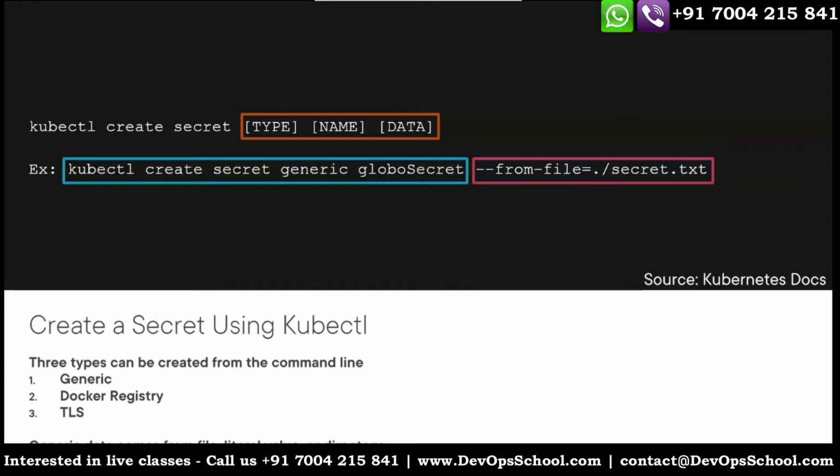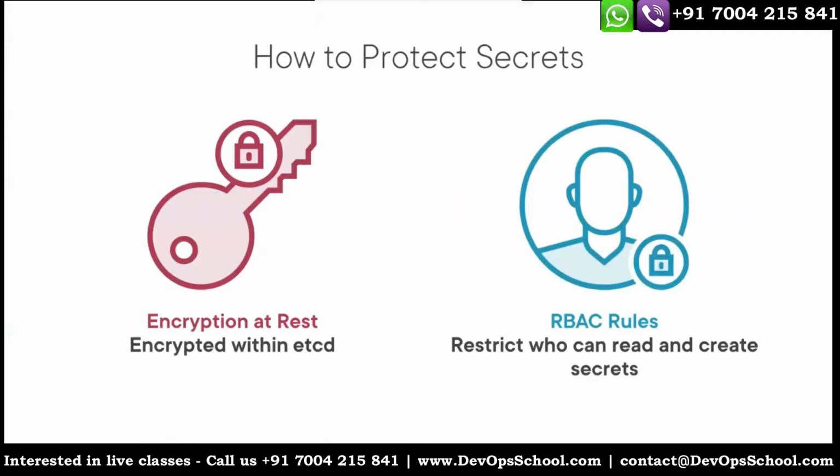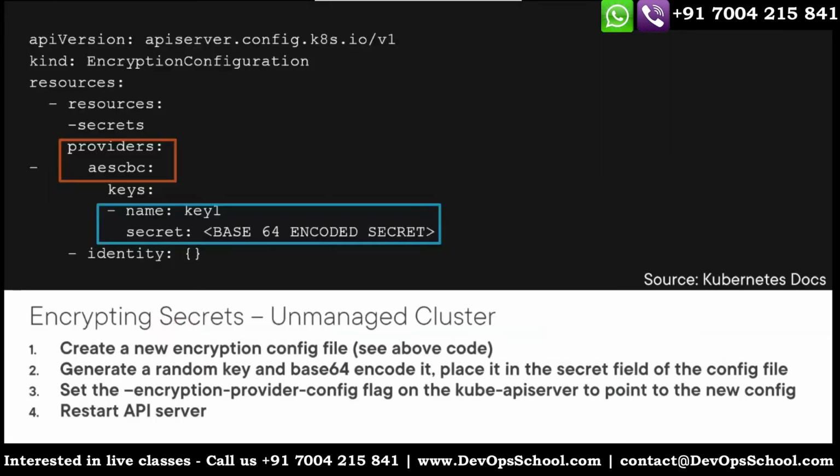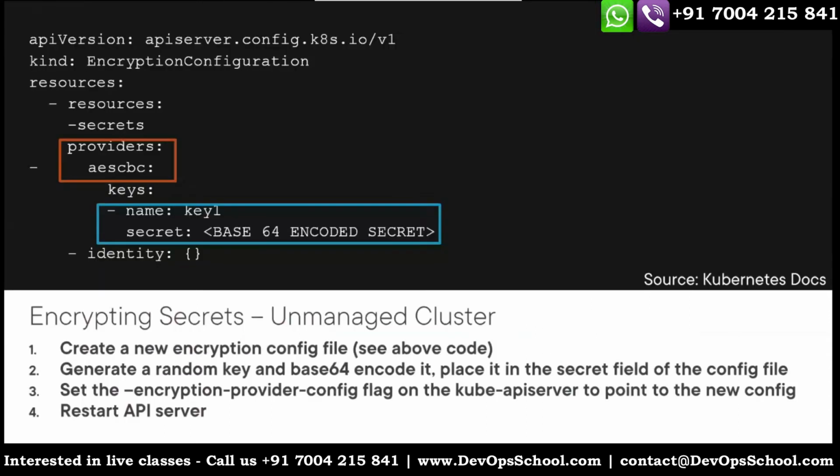After creating a secret, this data needs to be encrypted with the Kubernetes secret. So how to protect the secret? This data will be sent to the Kubernetes secret store, and from there encryption will happen, and the encrypted data will be stored at the etcd.